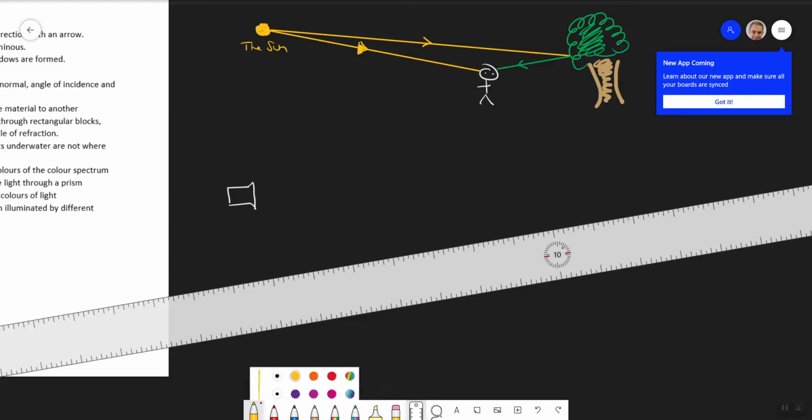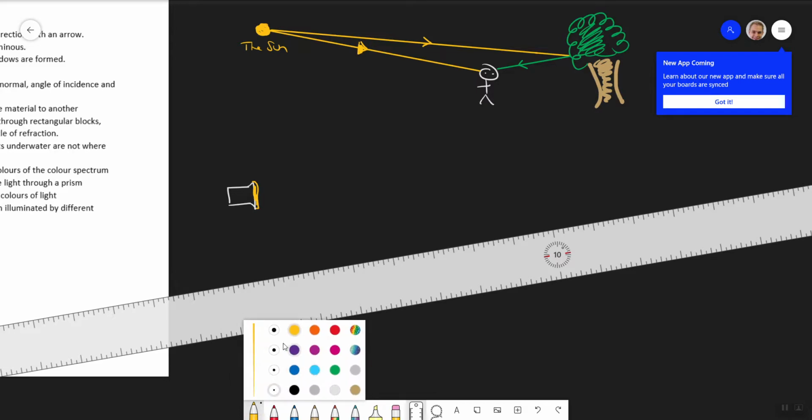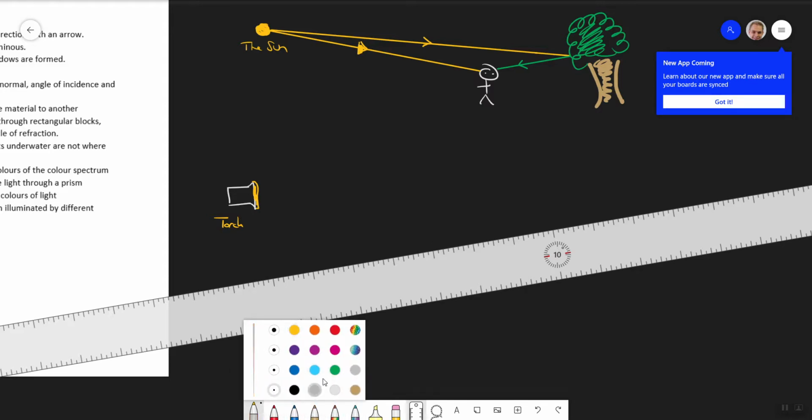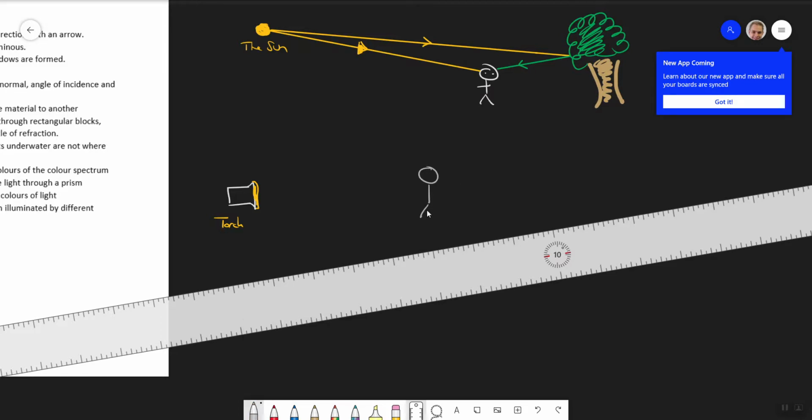That's as good as I'm going to get today. There we go. There's a torch, which is a luminous object, and we're going to put a person in the way, a person who's going to be here, and they are standing in front of some kind of a wall.